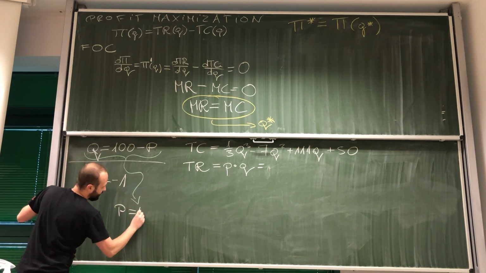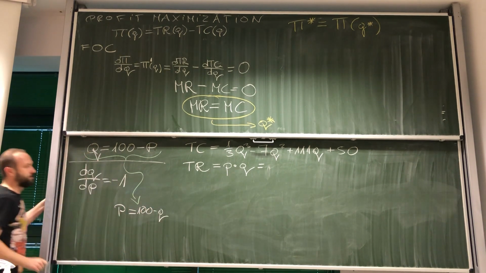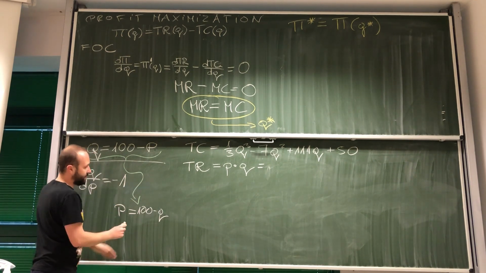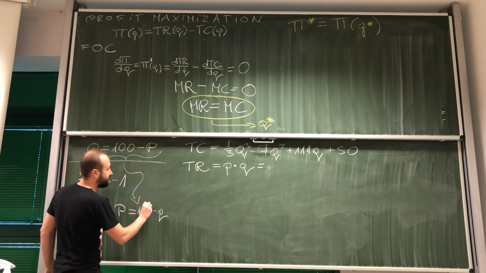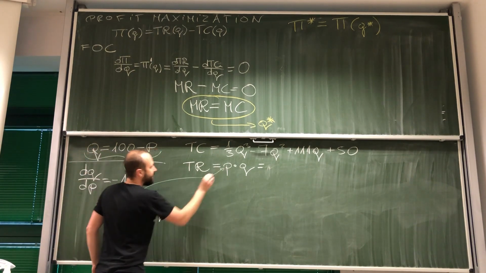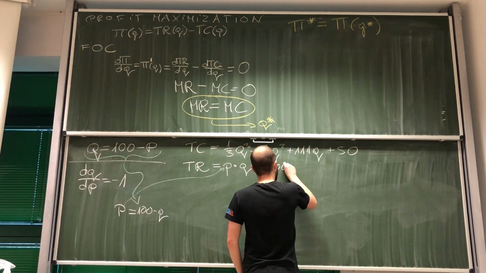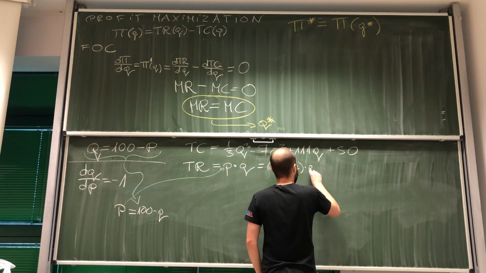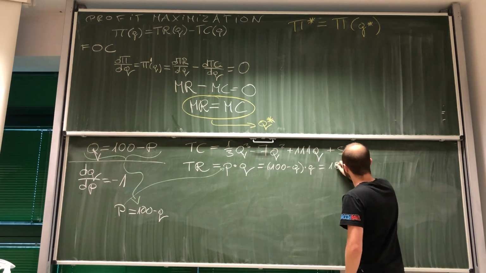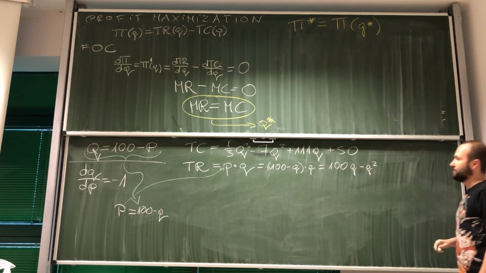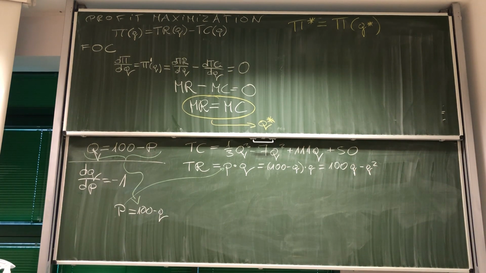So we've got that P is equal to 100 minus Q. And now I can substitute this P inside the total revenue, and I'm getting that this is 100 minus Q times Q, which gives me 100q minus q squared.